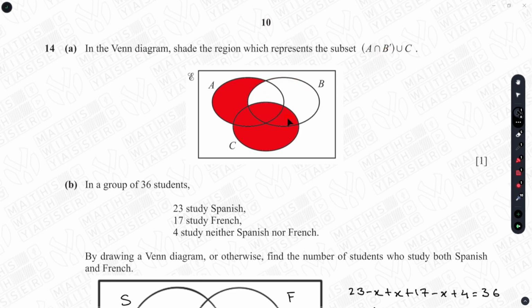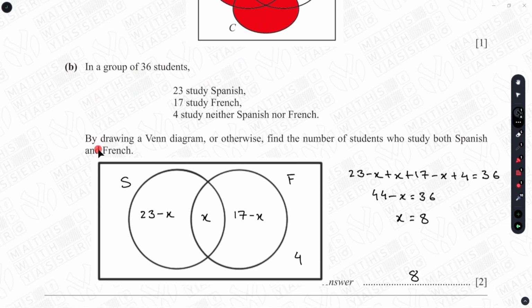B complement is all the region outside B. Since A is getting intersected with B complement, that means A intersection B complement will simply be this region, that is the common region for A and B complement. And now we simply just have to union it with C. So union C means we have to consider the whole C. Therefore the shaded regions are these.